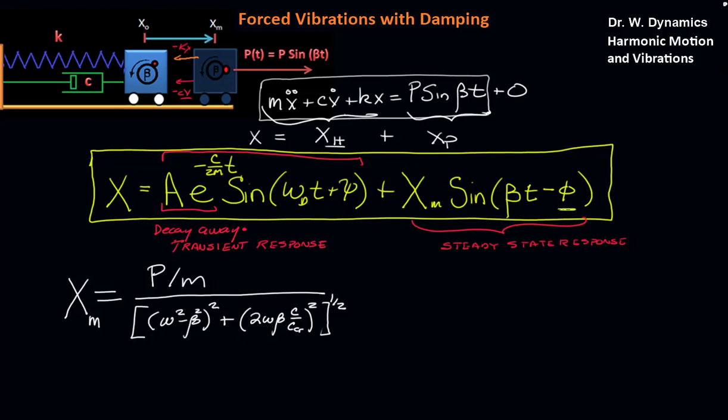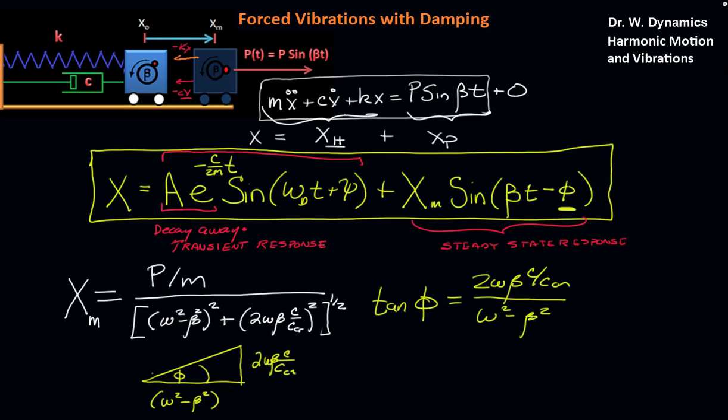And this phase angle over here, phi, can be found by making a right triangle whose sides are omega squared minus beta squared and 2 omega beta c over c critical. And we find then that the tan of phi will be, and that's our phase angle.